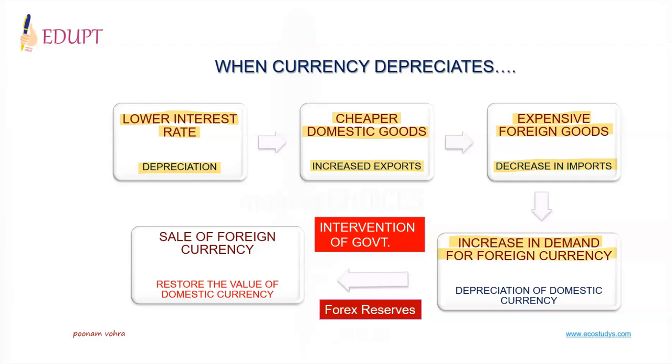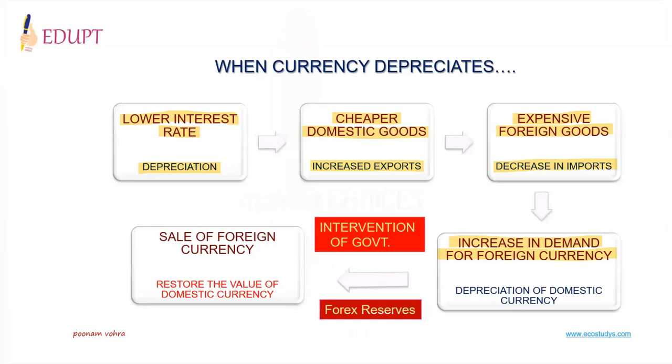Now, central bank maintains foreign exchange reserves to ensure that the exchange rate stays within the targeted value. It exercises its influence through sale and purchase of foreign currency in the international money market.